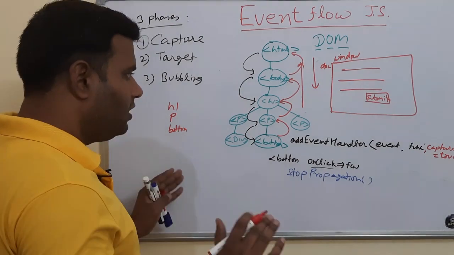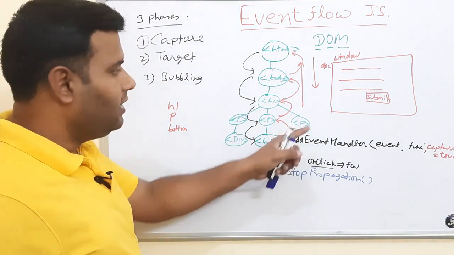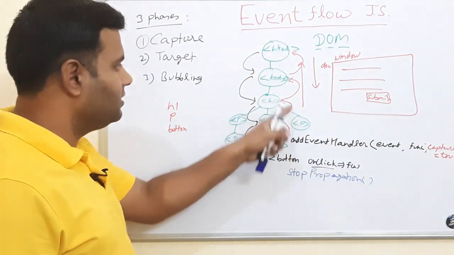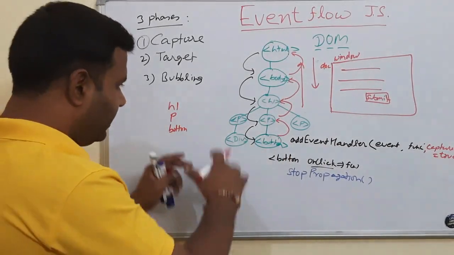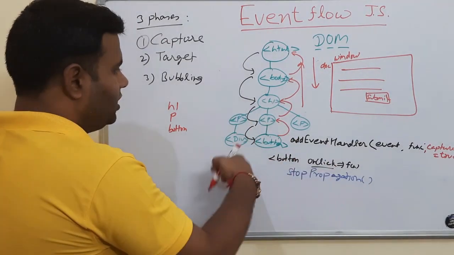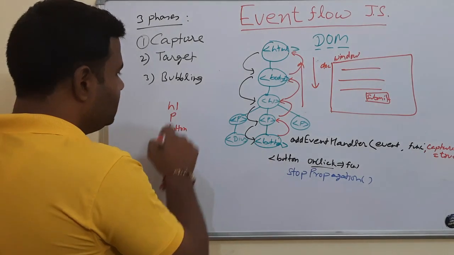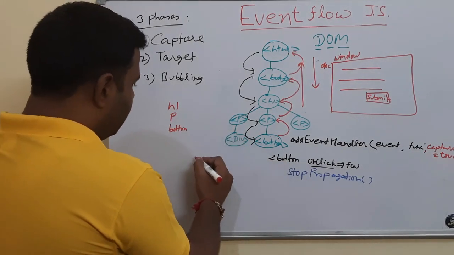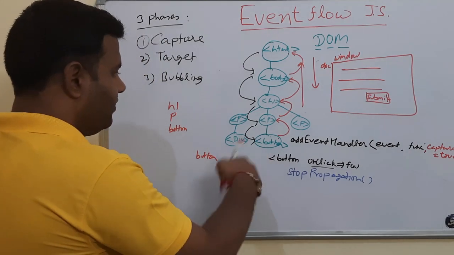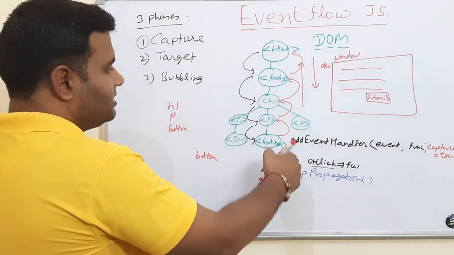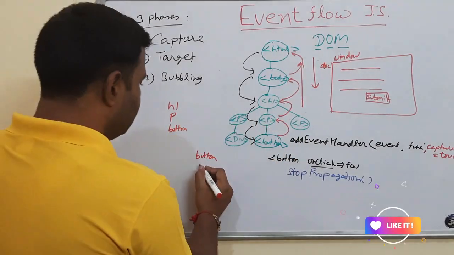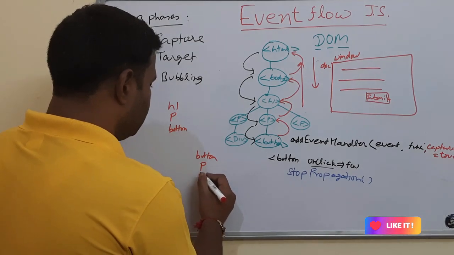right? By default the event handler will be called in the bubbling up phase, this red thing. So by default, if in these functions we have registered event handlers which alert these things, then the button alert will happen first, because the event is handled during the bubbling up phase, and then p and then h1.